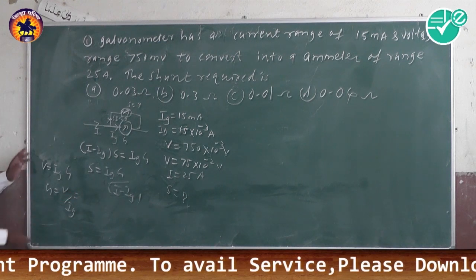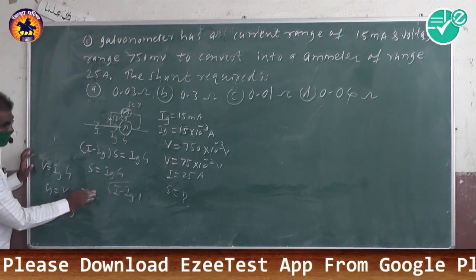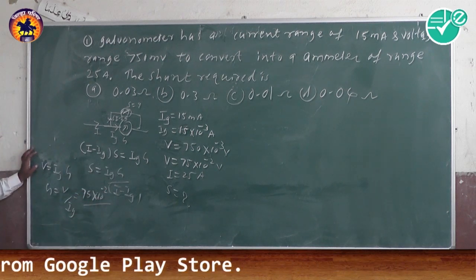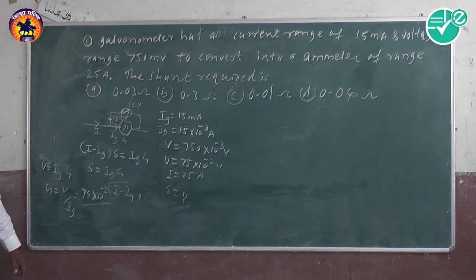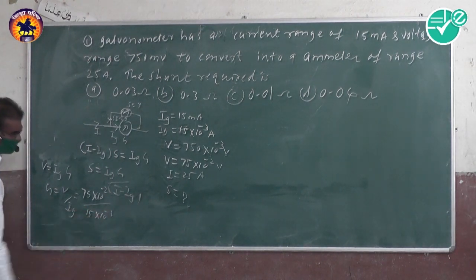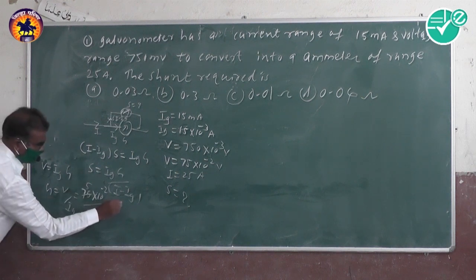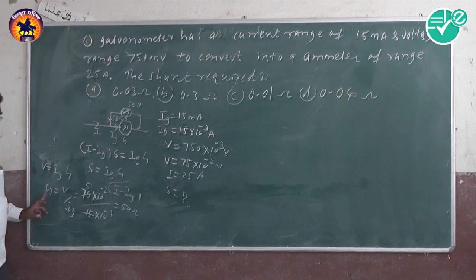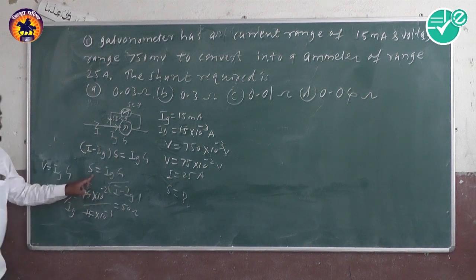V is 75 into 10 raised to minus 2, and Ig is 15 into 10 raised to minus 3, that is 15×75, which gives 50 ohm. So first of all the resistance of the galvanometer is 50 ohm. Then we have to put the values in that equation.